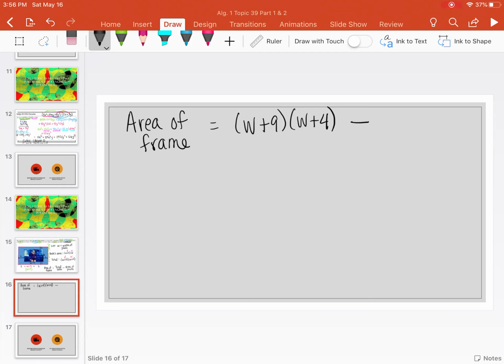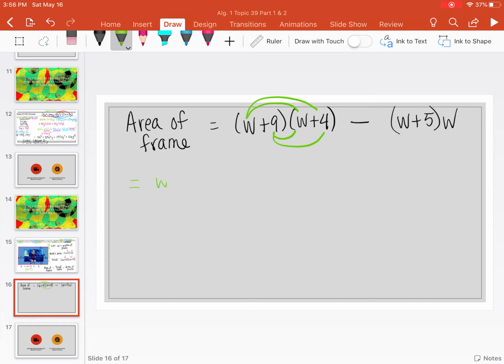Minus the area of the photo, which those dimensions are W plus 5 times W. Now what we need to do here is simplify each quantity. So I'm going to first multiply. We have W times W, W times 4, 9 times W, and 9 times 4.